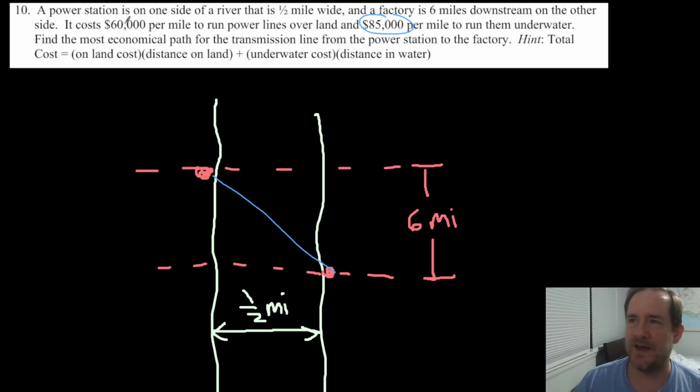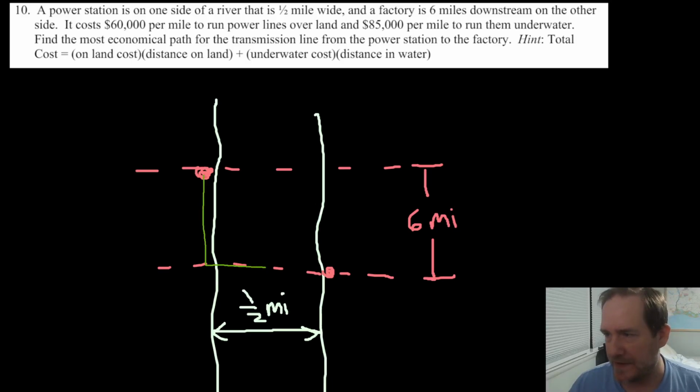You'd want to take advantage of the $60,000, right? So does that mean I should take a path that goes as far as it can on land? If I just go as far as I can on land and then suddenly cut across, then that certainly makes my trip across the water the shortest it could possibly be, right?